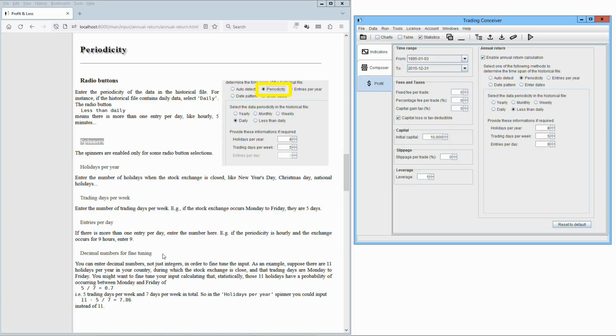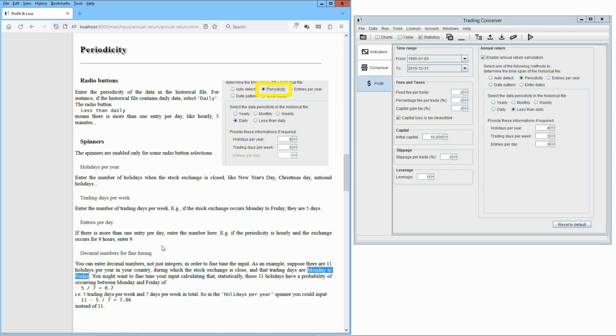You can enter decimal numbers, not just integers, in order to fine-tune the input. As an example, suppose there are 11 days per year in your country during which the stock exchange is closed, and the trading days are Monday to Friday.